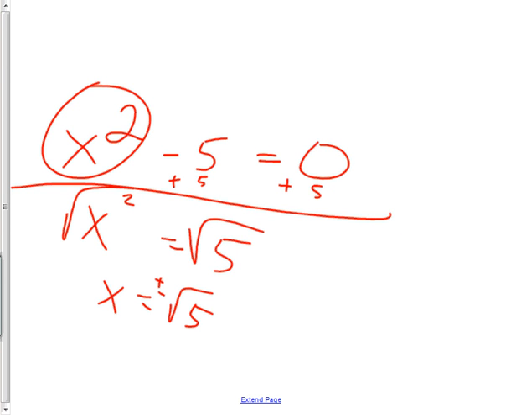So x equals plus or minus root 5. All right, so I've got 2 answers. If I put in the square root of 5 right here in this x spot, it will make it work. And if I put in opposite of square root of 5, it'll also work, because when I square it, the negative will go away anyway. So there's 2 answers. I did it by extracting square roots.